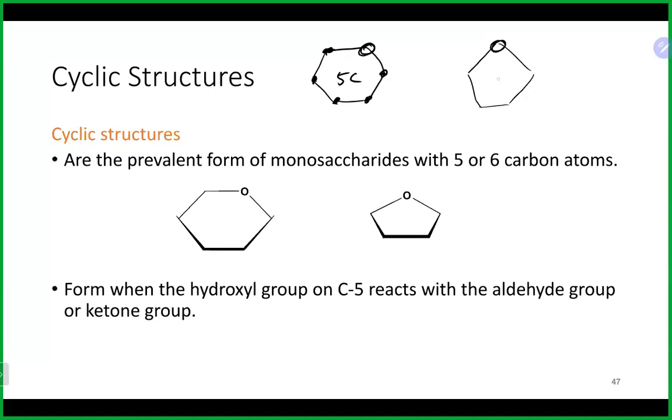And unlike cyclopentane, where we have 5 carbons, because of that oxygen that gets inserted, we actually only have 4 carbons: 1, 2, 3, and 4. So cyclic structures will either be these sort of 5 or 6 carbon rings, but really they're 4 and 5 carbon rings because they have that oxygen in there.